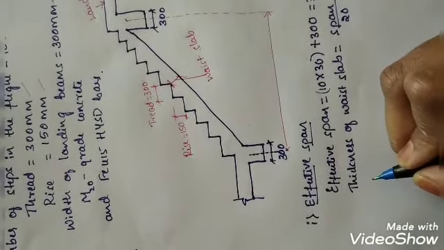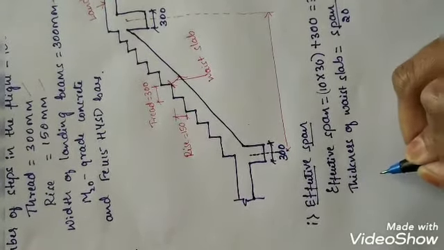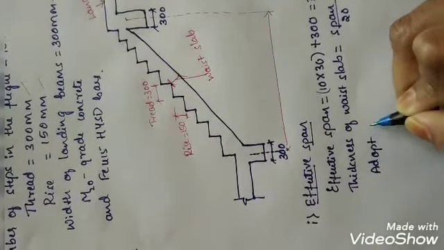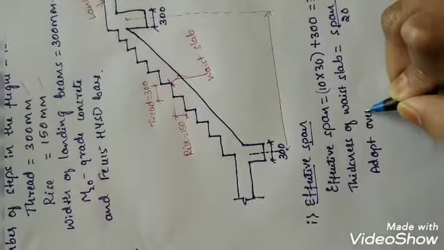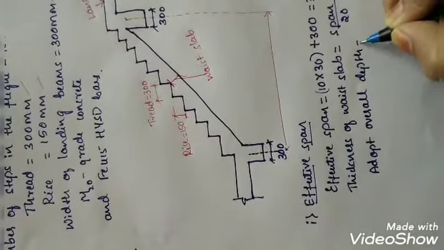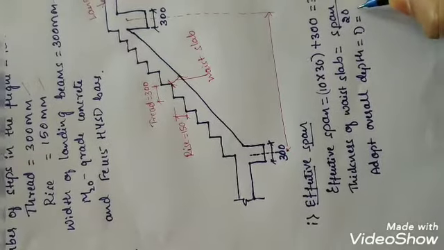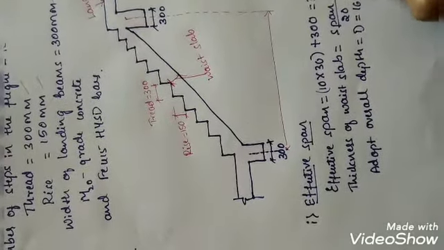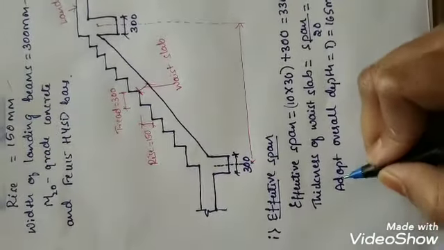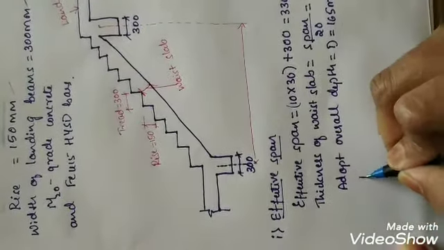So I need to take the overall depth of the waist slab. Adopt overall depth, which I will denote by capital D. D is equal to 165 mm. I have taken it as 165 mm. And next I need to take the effective depth.